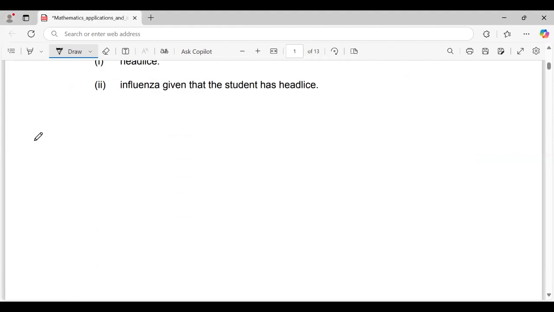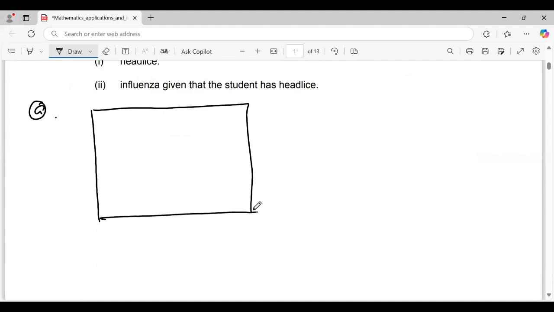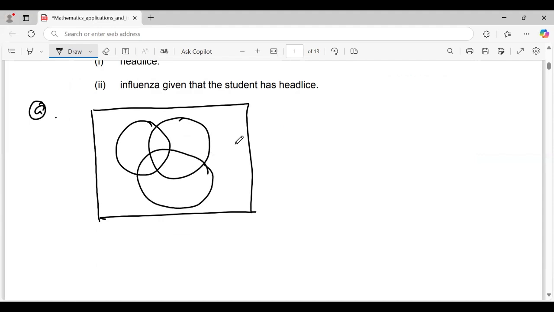All right, the Venn diagram. I would like to create a box first. Then here, one circle, the second circle, the third circle.